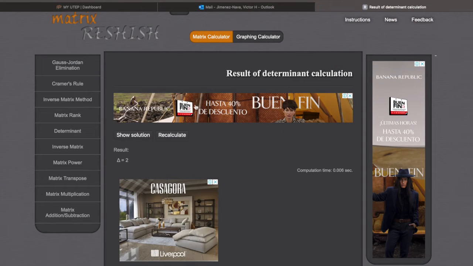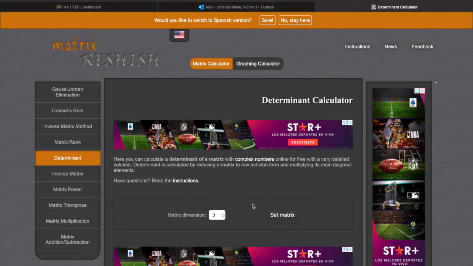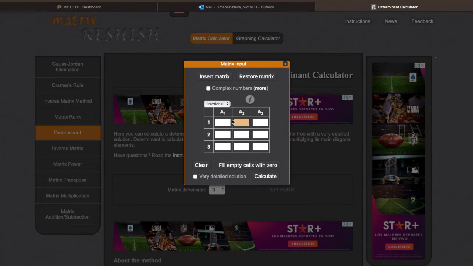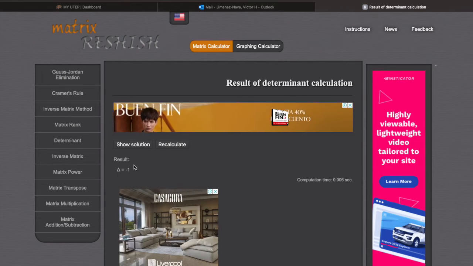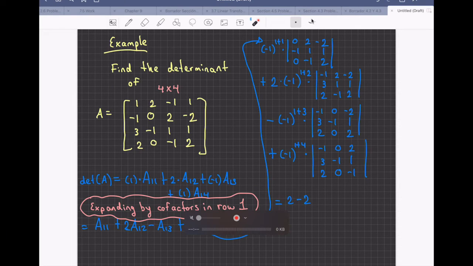I'm going to get help from this web page, 3 by 3: -1, 2, -2, 3, 1, 1, 2, -1, 2. Calculate. And the answer is -1 for this one. So let's see, minus 2 times -1.